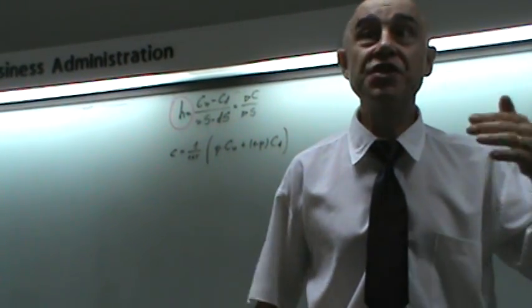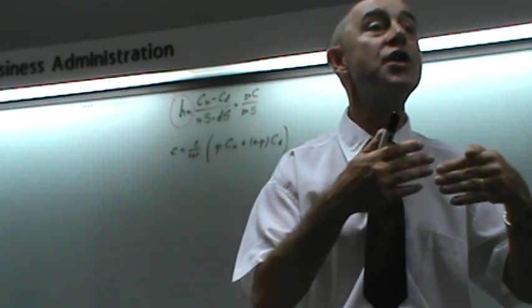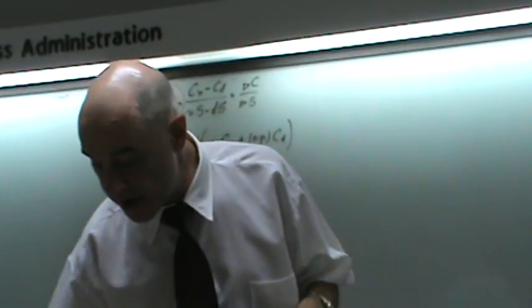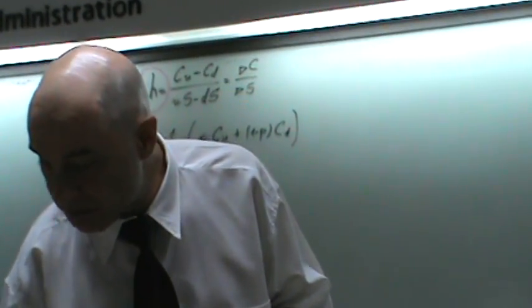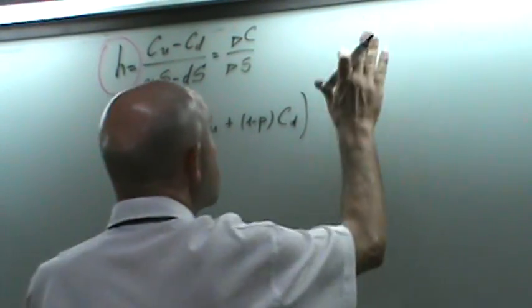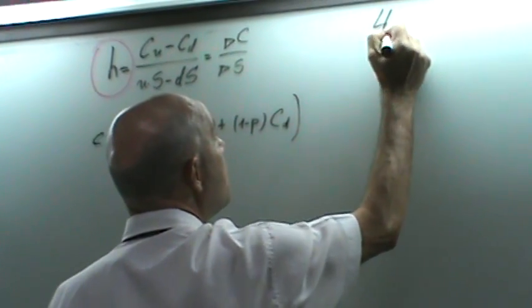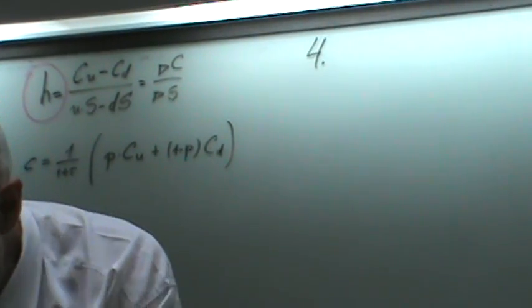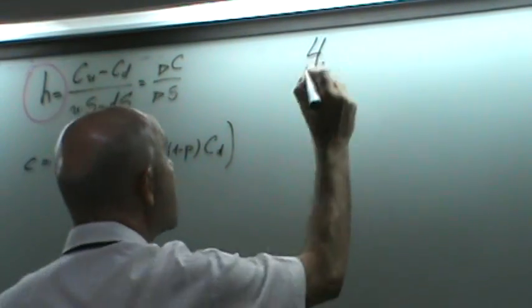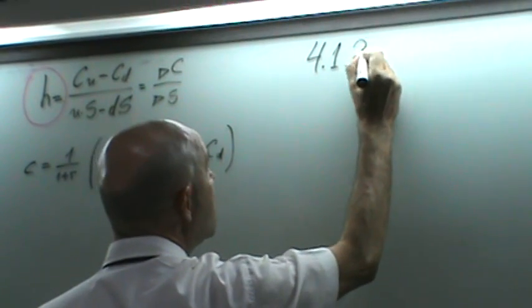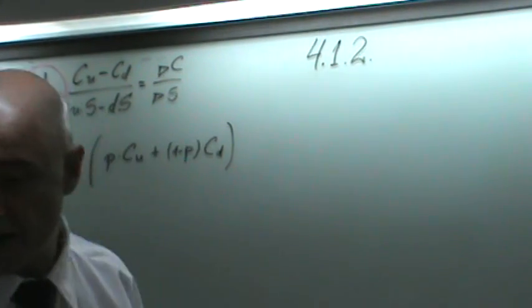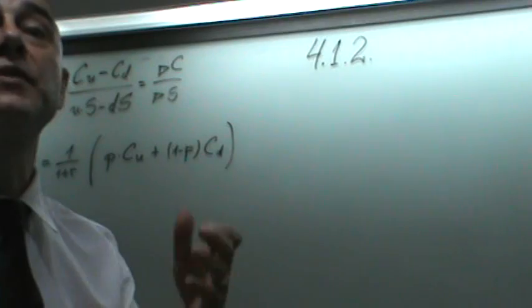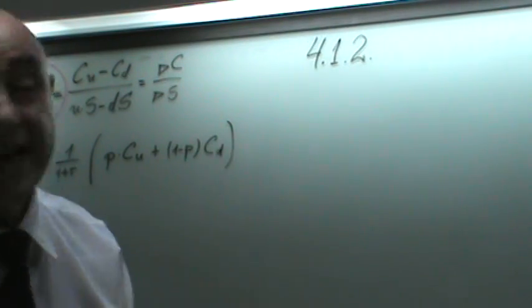I finished while I was working with section number 2. So chapter 4, this is the one period binomial model. Section number 2 is, everyone please pay attention, the example.